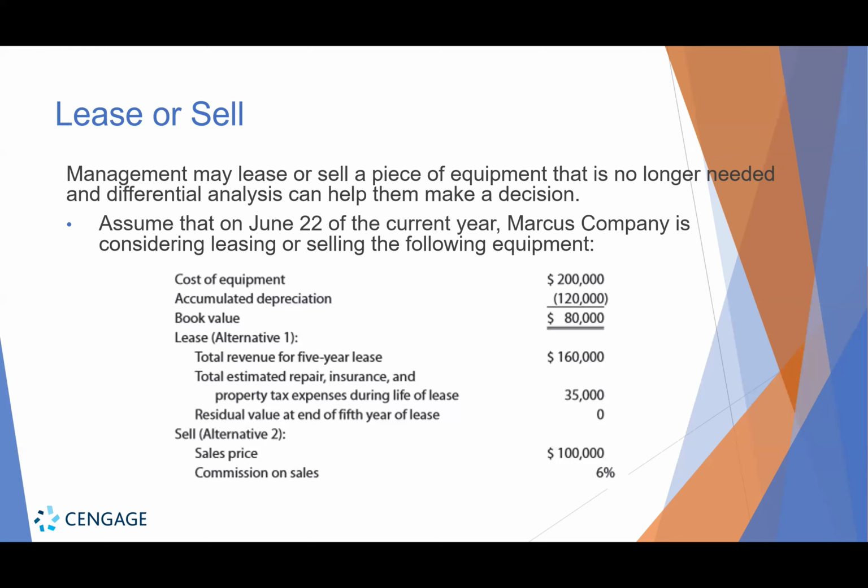So the book value of this equipment is 80,000. If we lease it, which would be alternative 1, it looks like we would have 160,000 in revenue for 5 years, but with that revenue will come costs, which look like the repairs and insurance costs would be about 35,000.